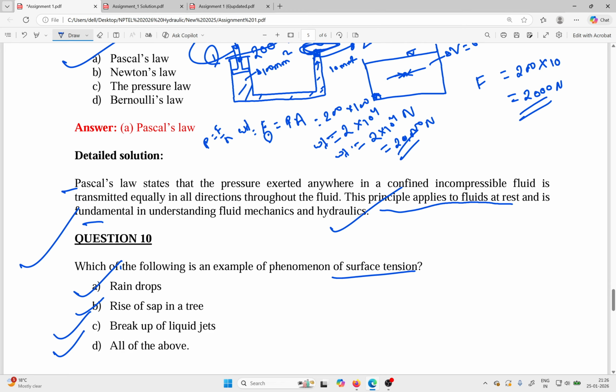Remember, please, you have to understand first what is surface tension, how it happens on the surface. So I'll take the example of water in a container.